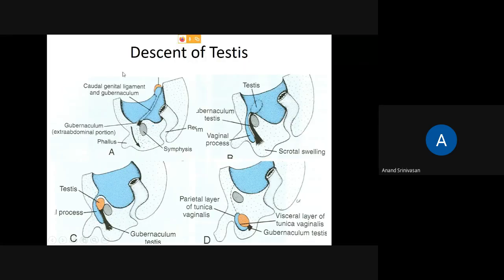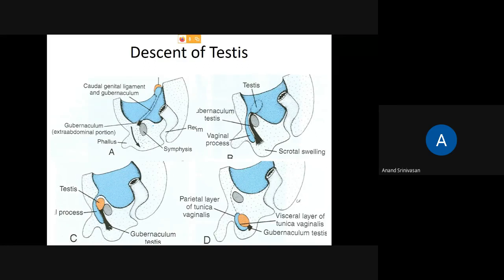This you will be discussing once again in your genitourinary module, when discussing the testis. The testis has certain coverings, right? These coverings of the testis are also derived from the external oblique aponeurosis, internal oblique aponeurosis, and the transversus abdominis.